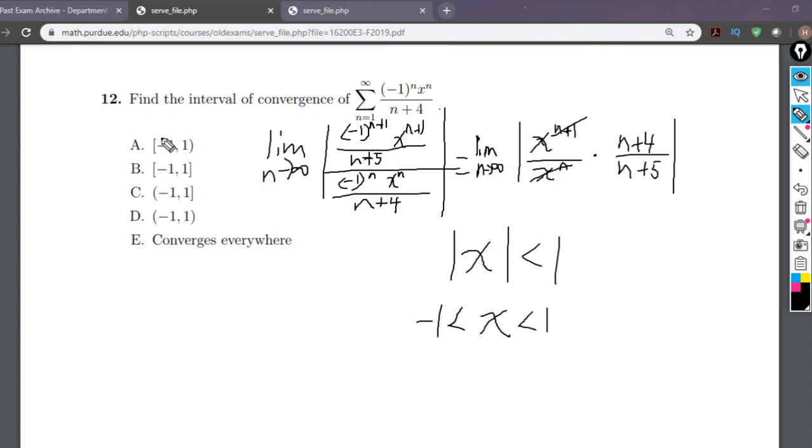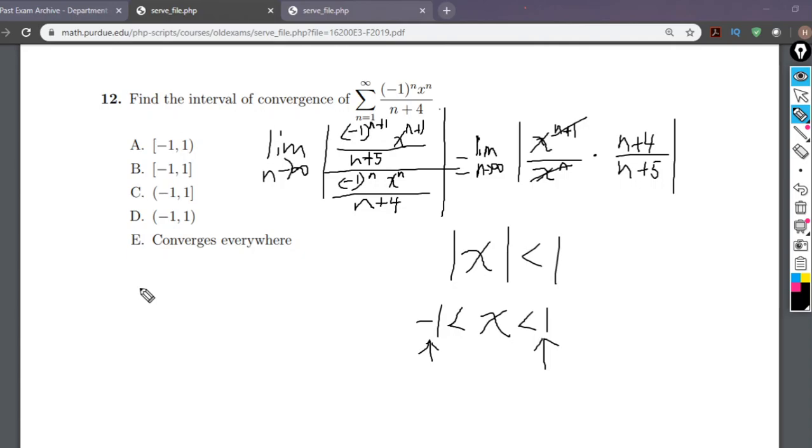So now, since we are asked the interval, we need to test the endpoints. So we will plug -1 and 1 in for x in the function here and see if it changes anything. So usually when interval of convergence is asked, it is usually with an alternating series, since sometimes when it's -1, then it will not be alternating anymore.